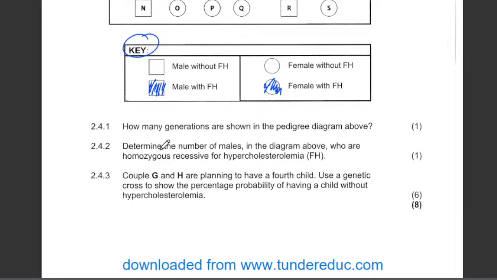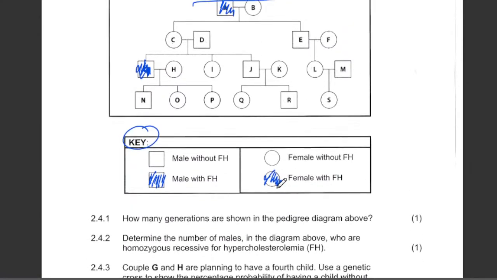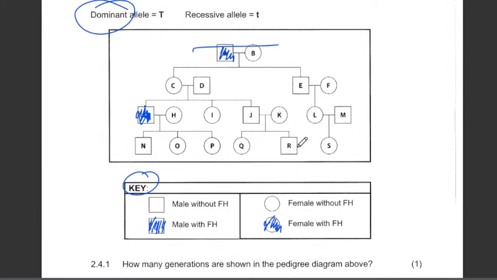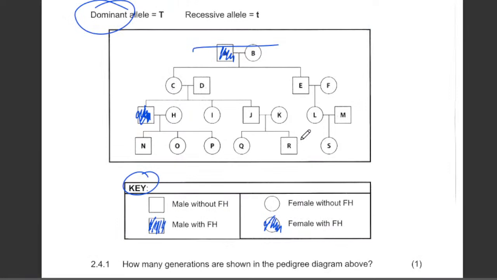Okay. Determine the number of males in the diagram above who are homozygous recessive. In this case, I'm not going to give the answer for now, not because I don't know, but because of the shading.